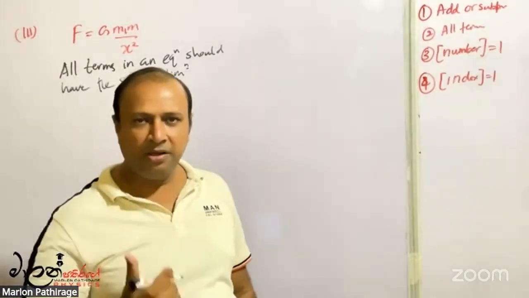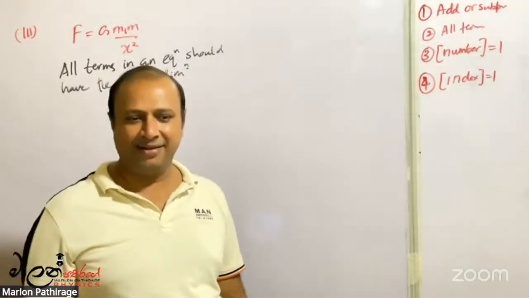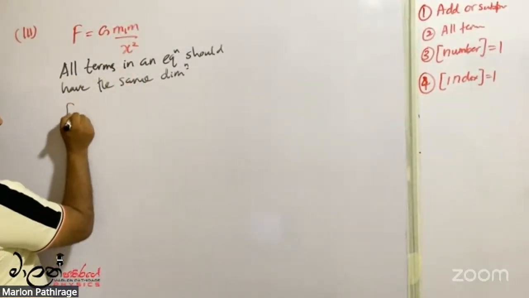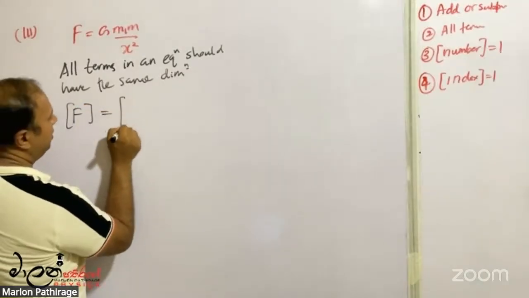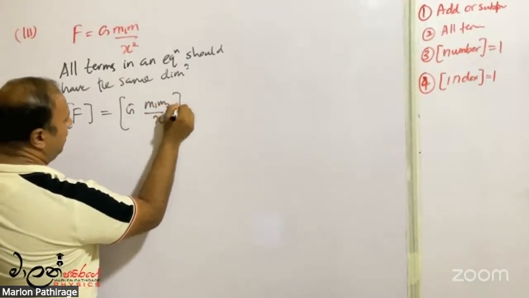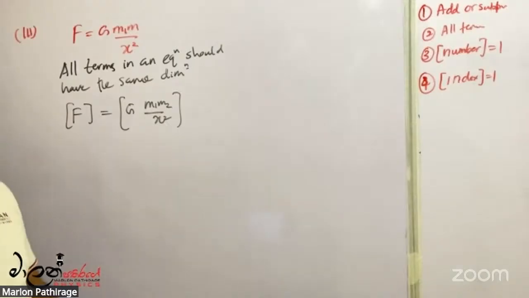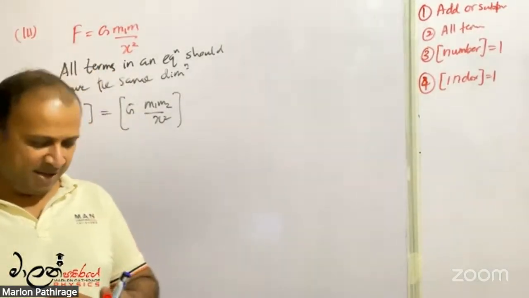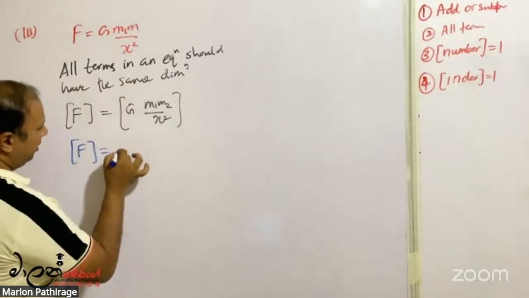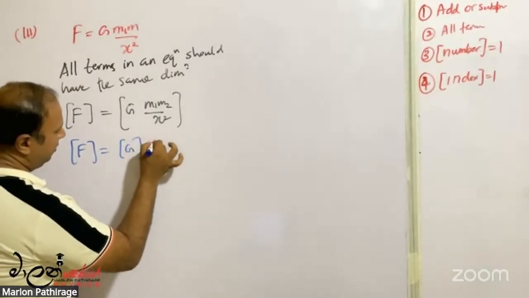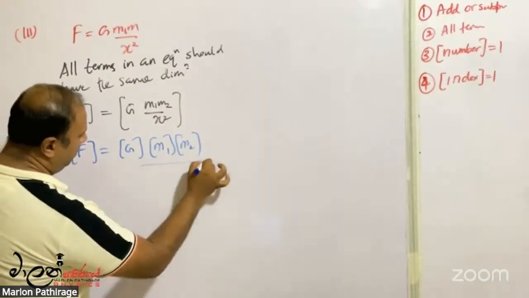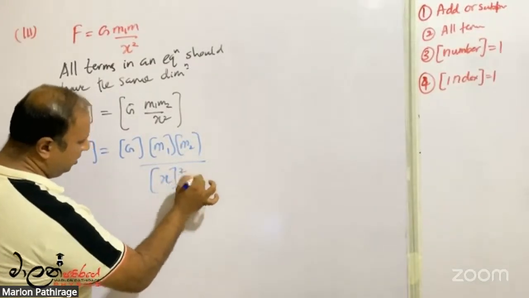Now, there are two terms, one is F. Therefore, dimension of F should be equal to dimension of G M1 M2 over X squared. Dimension of F is then equal to dimension of G into dimension of M1, dimension of M2, over dimension of X squared.